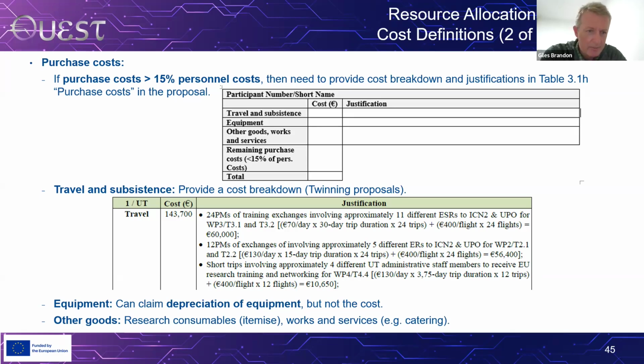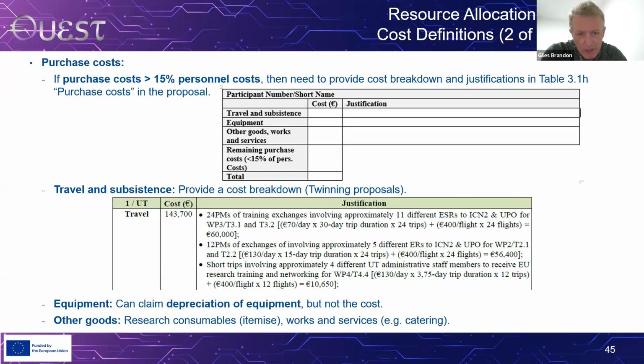Certainly, under purchase costs, you have travel and subsistence costs. If you're dealing with, for example, twinning projects like Quest, where by the name, it's a twinning project, it involves twinning exchanges between partners, and therefore high comparative travel costs. Here, you really got to go to town explaining and giving a breakdown of how you calculated your costs.